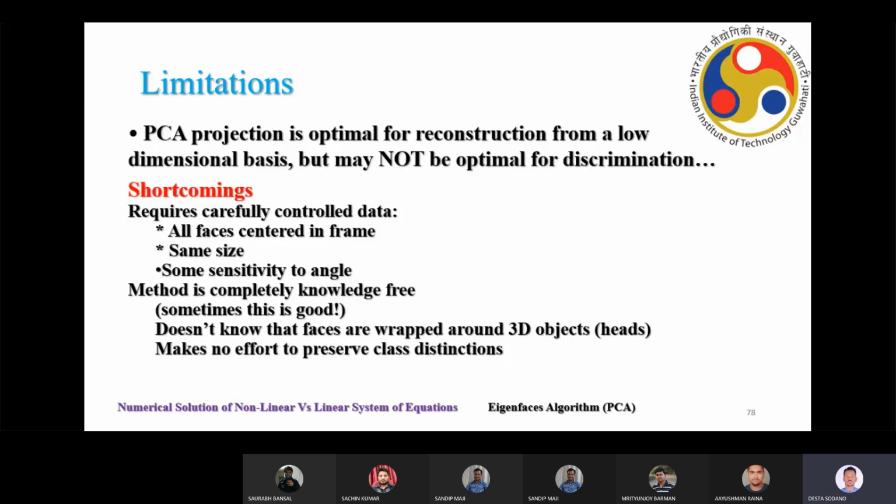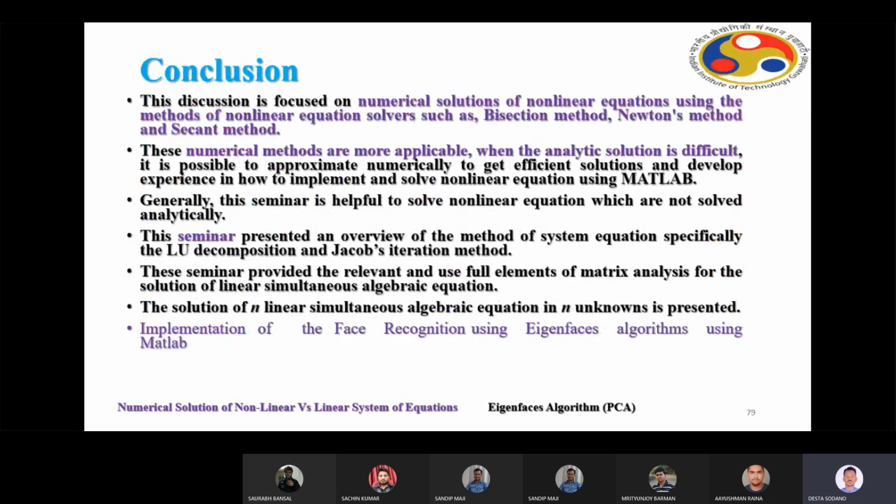Some limitations happen. So, as a conclusion of this seminar, as the first phase, numerical solution of nonlinear equations using numerical solvers: bisection method, Newton method, secant method, regula falsi method. Again, we apply numerical methods for problems not solved analytically or difficult ones.